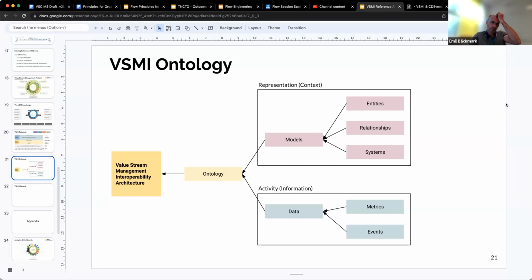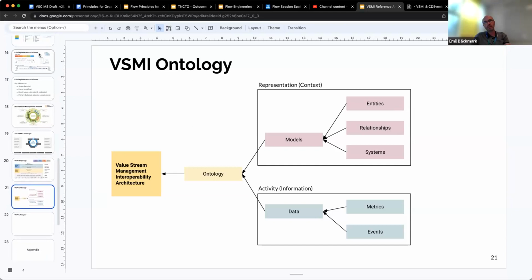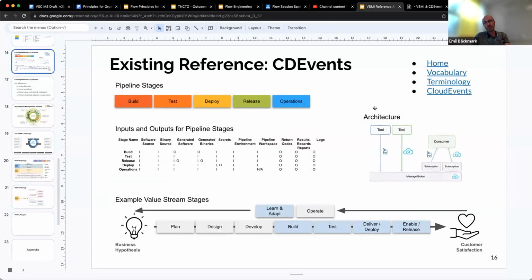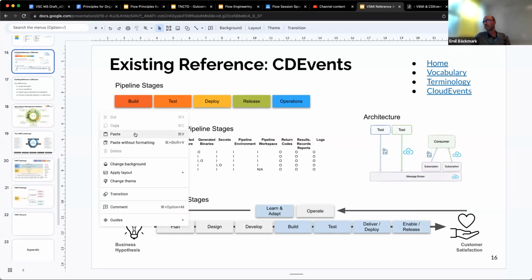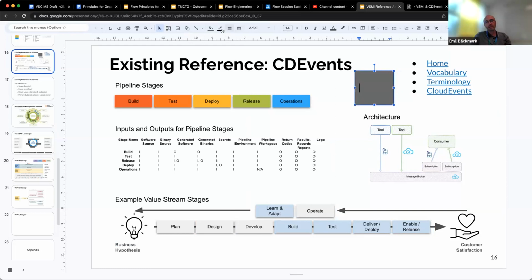Sorry, go ahead. Yeah, no, in CDEvents, we have the concept of subjects and predicates. So for example, one subject is an incident, and the predicate then is that the incident is created or resolved. So when I look at the entities list up there, you say incident is an entity, and I guess resolving an incident or creating an incident is actually an event.